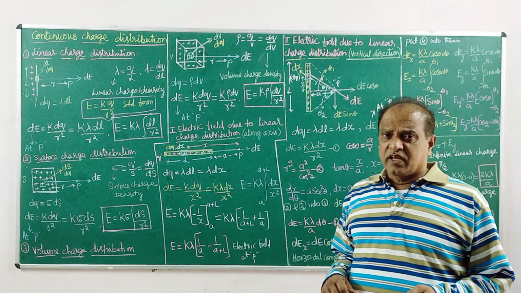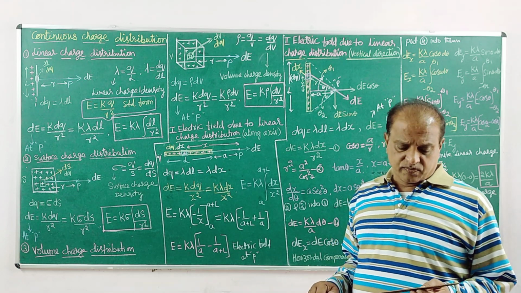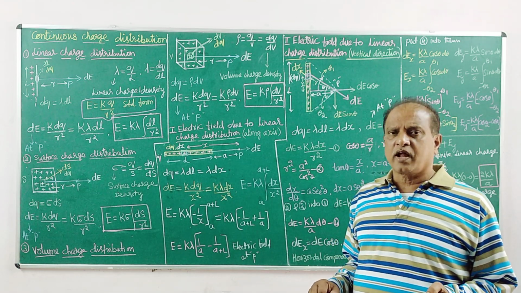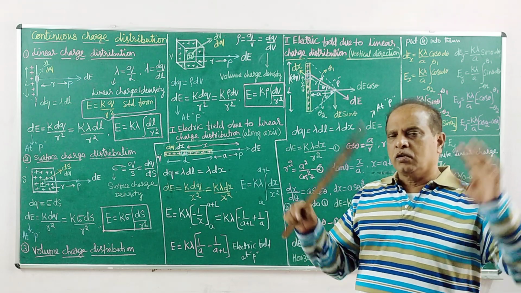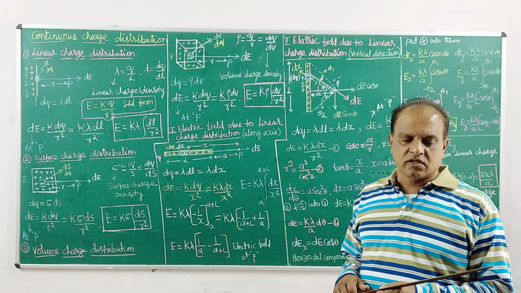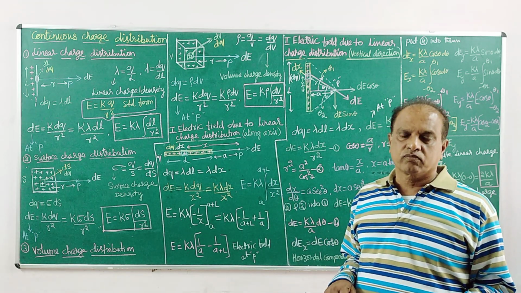But if there is an infinite number of charges, we cannot add up, or take the vector sum of all the infinite number of charges. It is not possible mathematically.